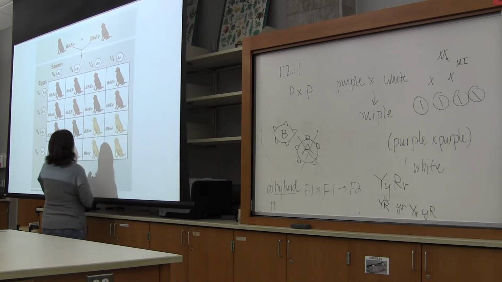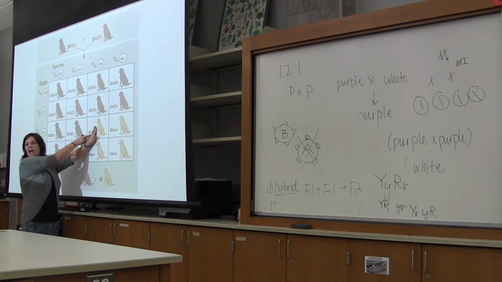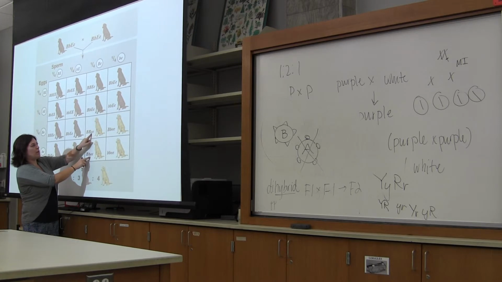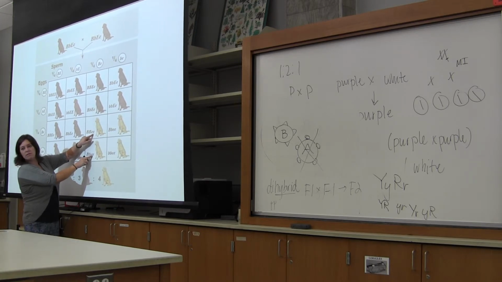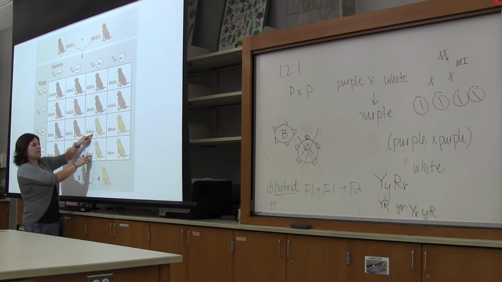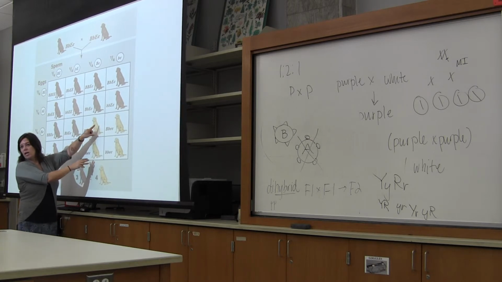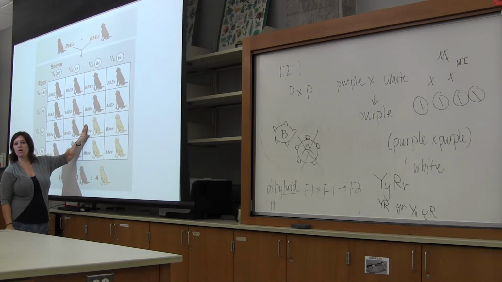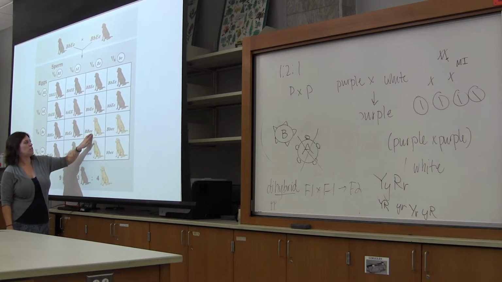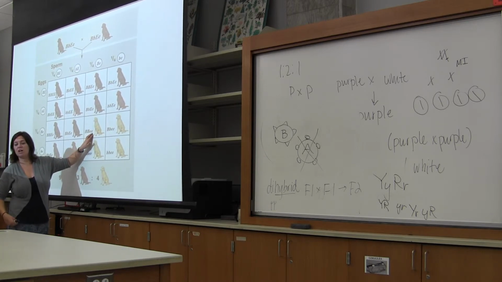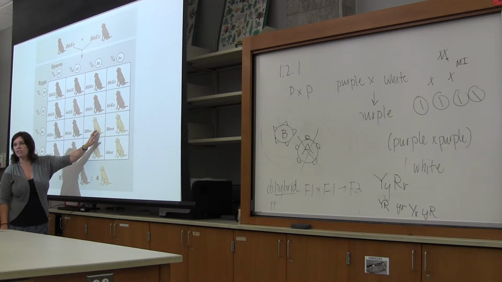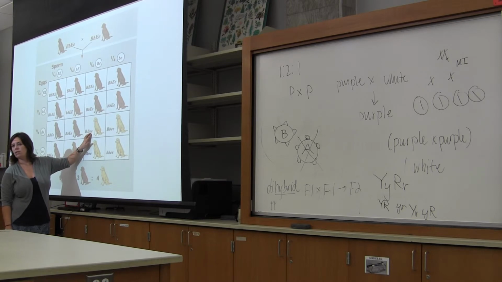So a yellow lab can have a genotype for black, big B big B, or big B, little b. But if that other gene is homozygous recessive, it's going to automatically be a yellow lab. So that's why we say that the gene for coat color is dependent on the gene for if that color is deposited. So we say that coat color is epistatic to, or depends on, the expression of this gene.